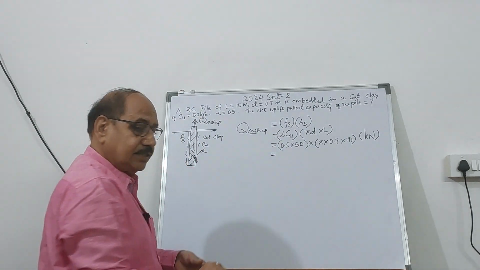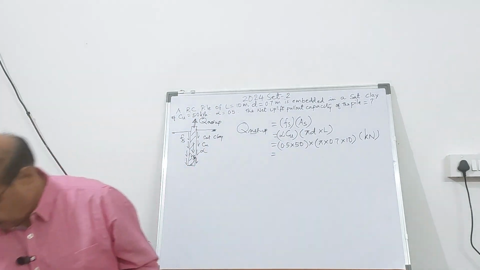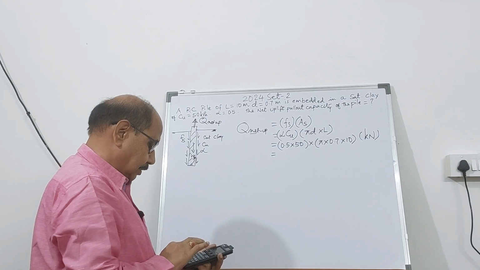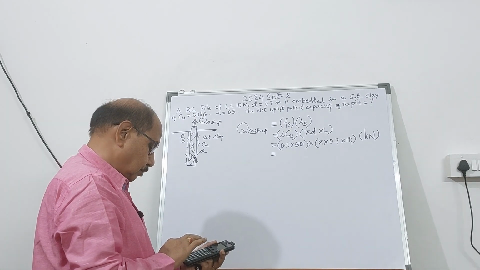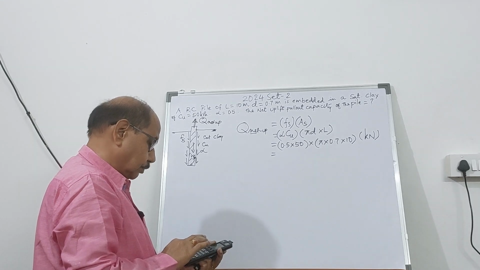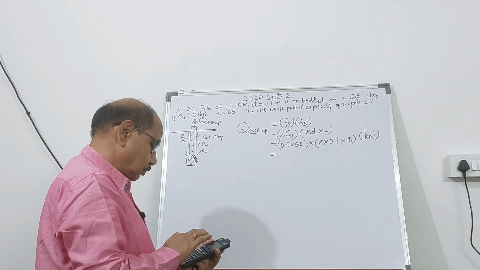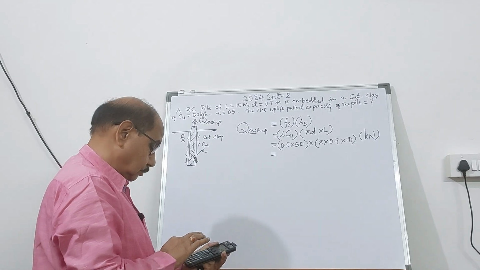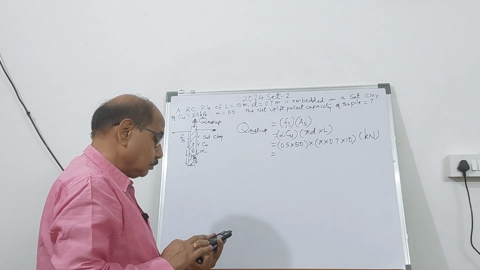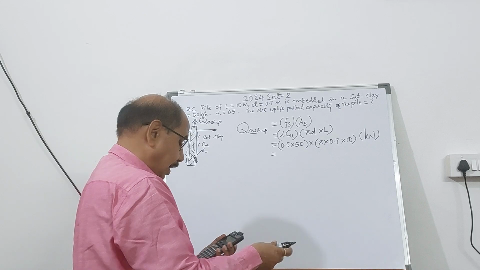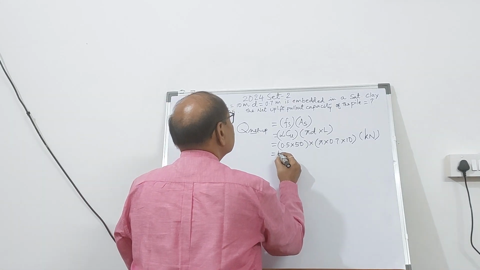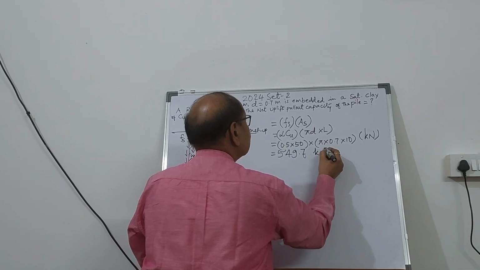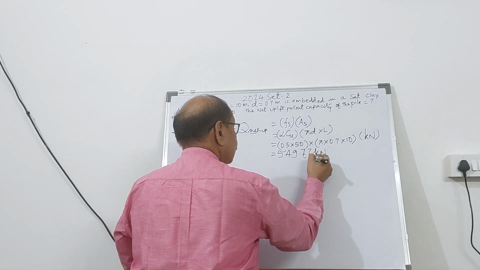So net uplift capacity is very simple to calculate, and we can calculate the capacity, and this will be equal to 549.77 kilonewton.